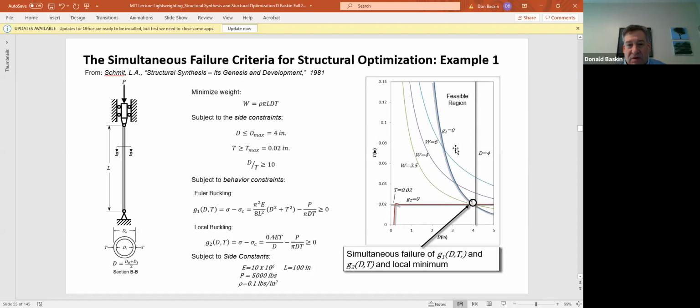So there's sort of Euler buckling, which is when the whole thing sort of goes wiggly, call it, at some load. It's sort of a global failure, and then there's sort of a local failure mode, which is a local instability of the surface that causes local buckling. And if you had a solid tube under the same loading condition, you would only really have to worry about Euler buckling.